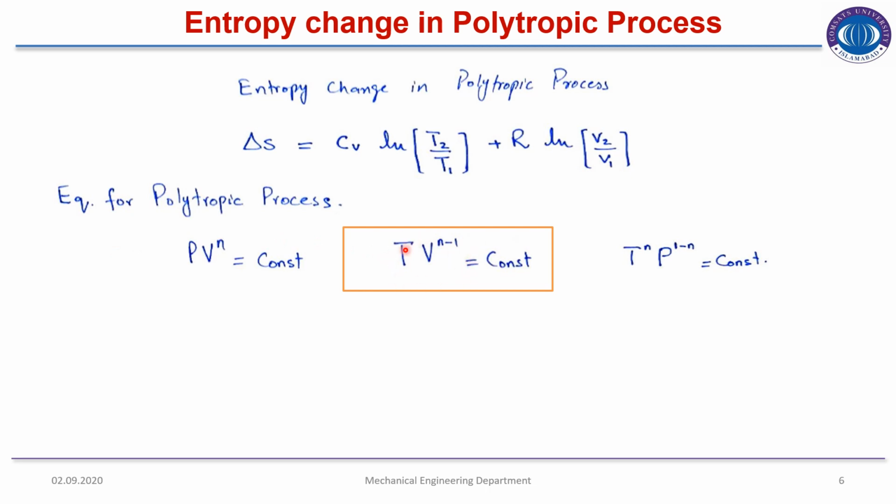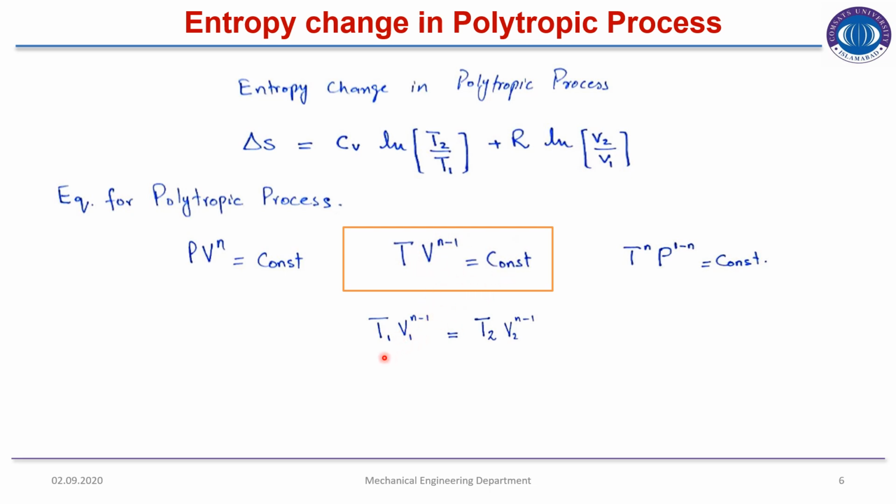Now we are considering the middle relation. We will utilize the relation TV^(n-1) equals constant to find the entropy change in the polytropic process.